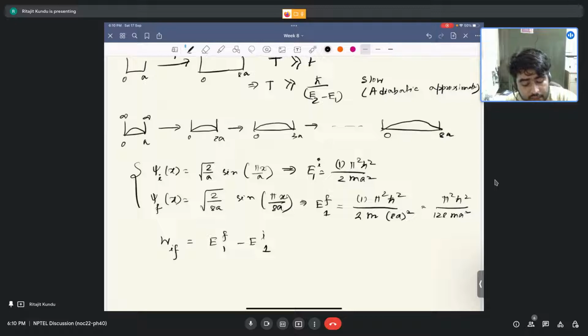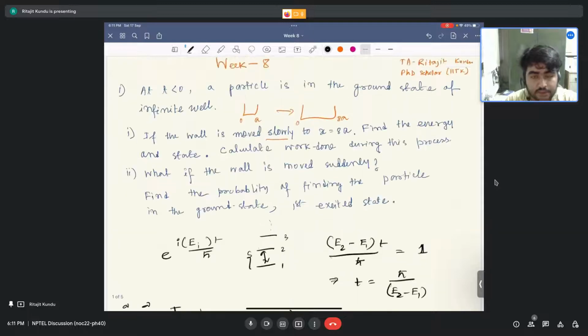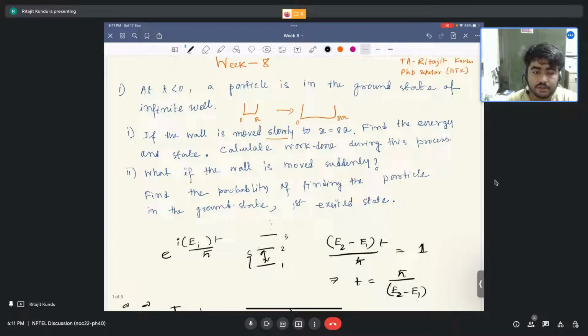So you go on and calculate this: pi square h bar square by 2 m a square, and downstairs I will have 1 by 64 minus 1. So this is the amount of work done that we need to do this kind of change. This is the idea of adiabatic changes, right? So that actually completes part 1. Is that okay? Any questions, any confusions?